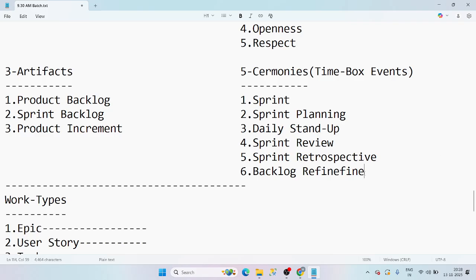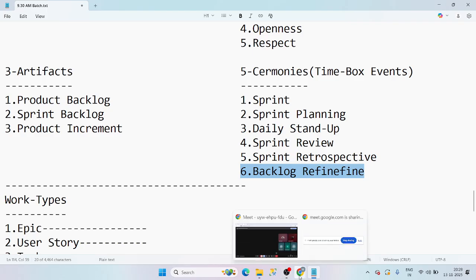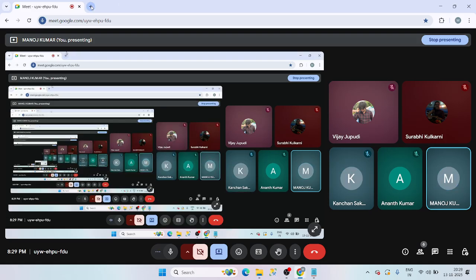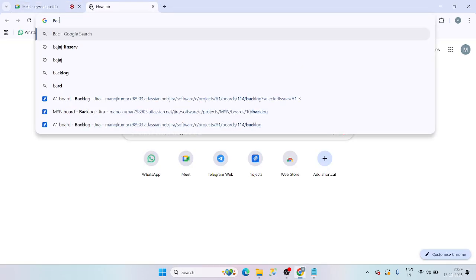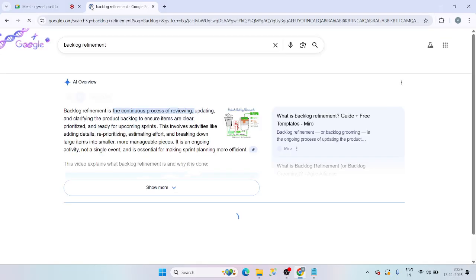See, this backlog refinement is not an event, guys. It is an unofficial meeting. That's why we are not talking about backlog refinement. Let me show you backlog refinement.